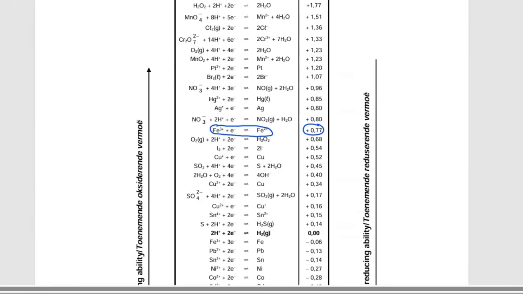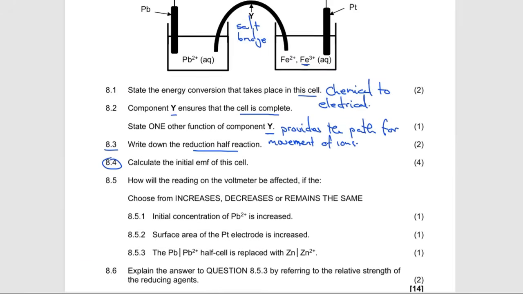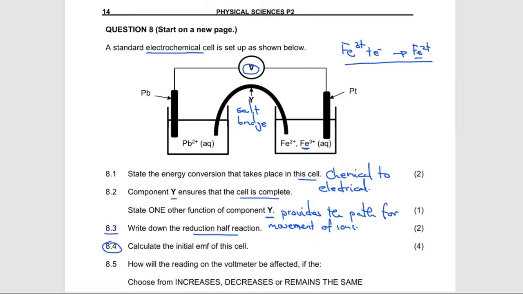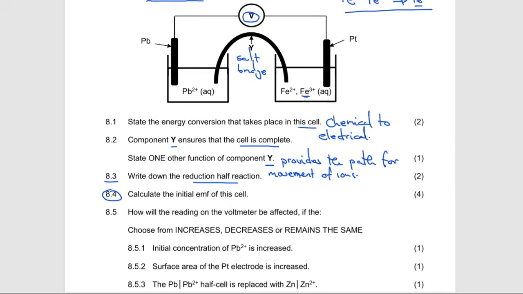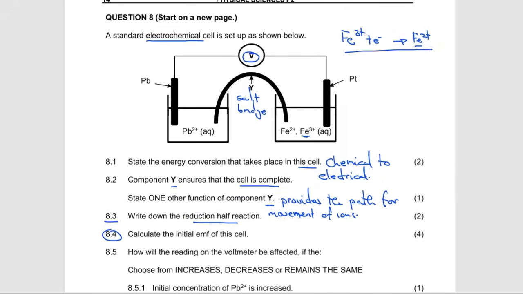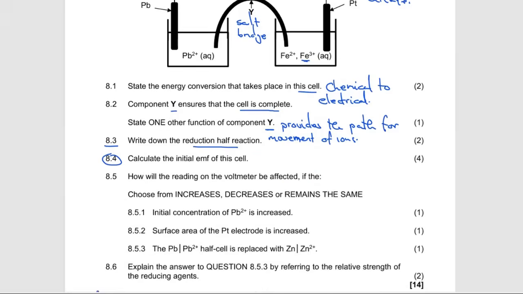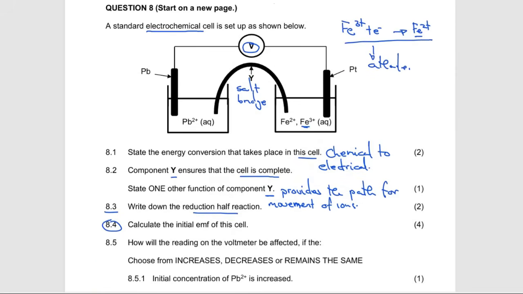According to question 8.3, there is a reduction, right? Reduction happens at the cathode. So this is going to be our cathode, and this other one is going to be our anode, right?